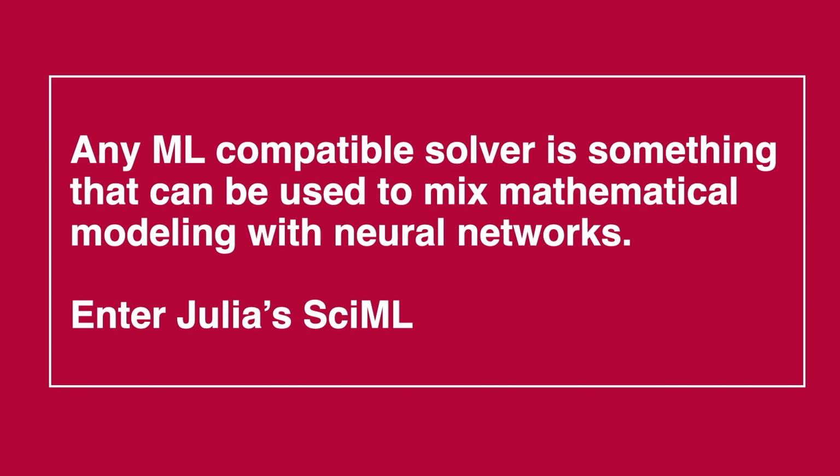So in the end, what are we actually doing? Where does Julia come back into the story? Well, what you need in order to do all this is a stack for scientific modeling that lets you mix it with neural networks, right? Because what are we doing that's different here? I don't just have neural networks and data spit out the data.